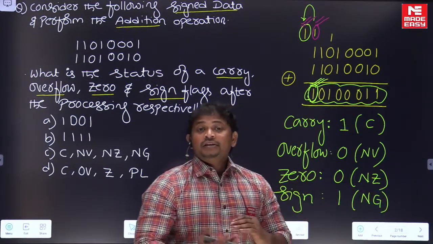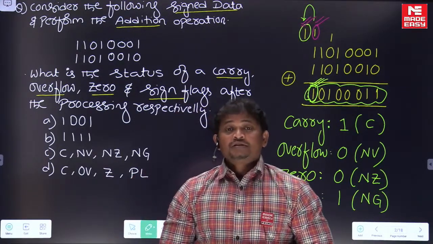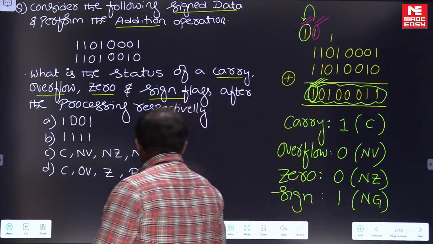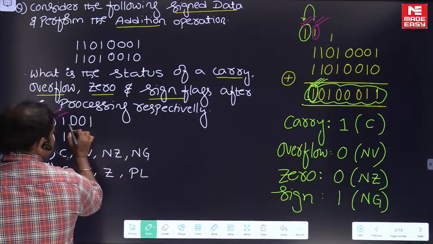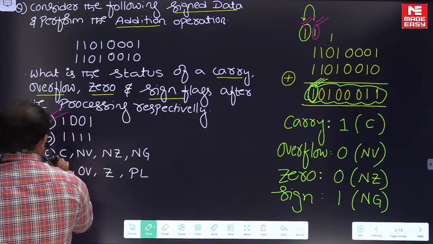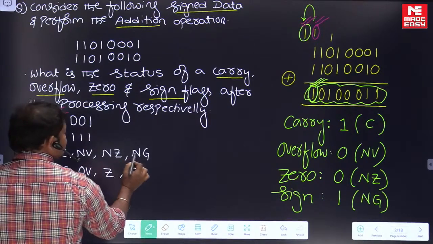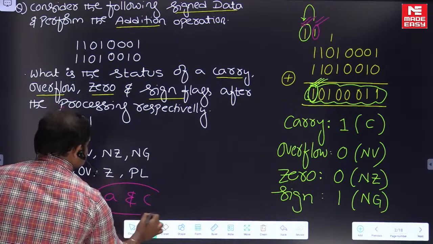So based on this analysis, go to the given options and select the right answer. A is the right answer, 1001. Then C is the right answer. Carry, no overflow, non-zero, negative logic. So A and C is the answer.